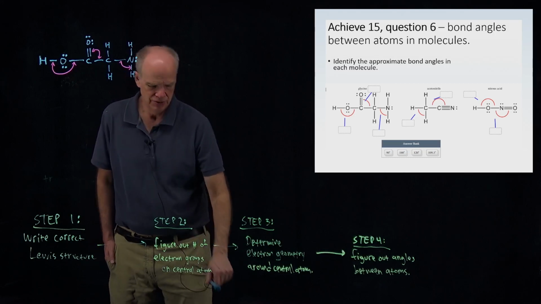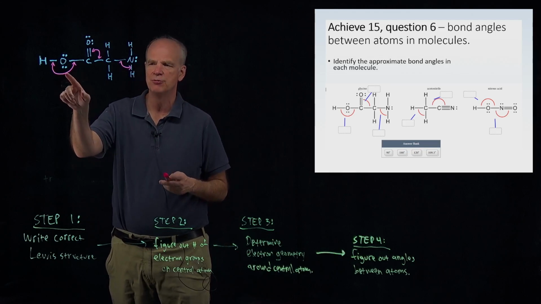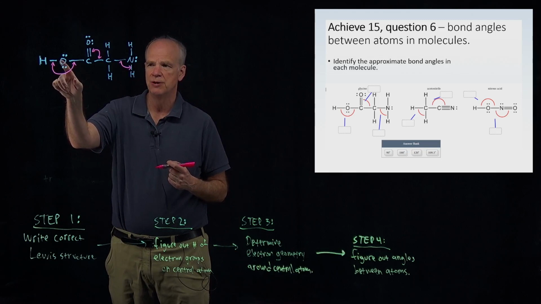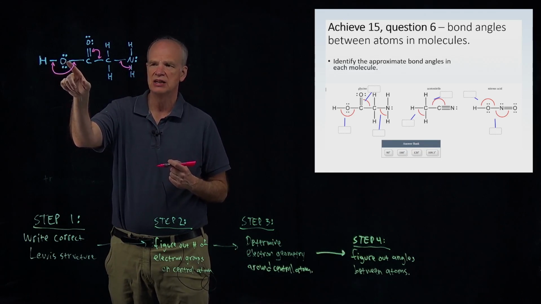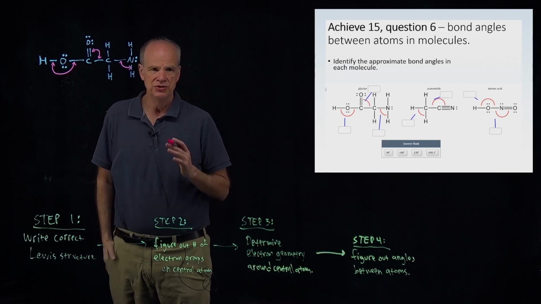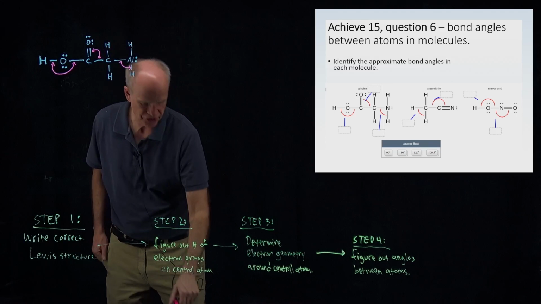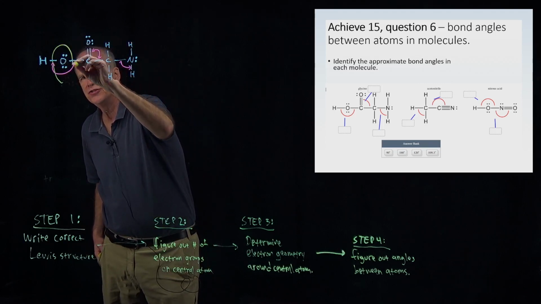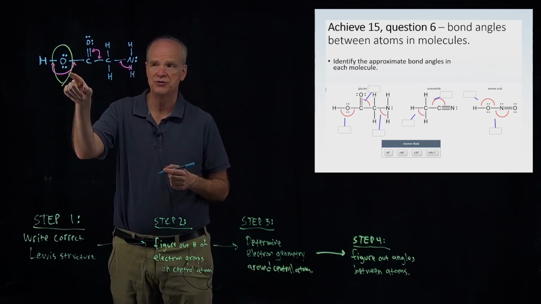Okay, so here in this molecule, inevitably what they want is the angle between the bond leaving oxygen going to hydrogen and the bond leaving oxygen going to carbon. So you have to identify what the central atom here is. Let me circle that. Let me get a different pen here. This is the central atom that we have to consider. You have to figure out the number of electron groups that this central atom has.